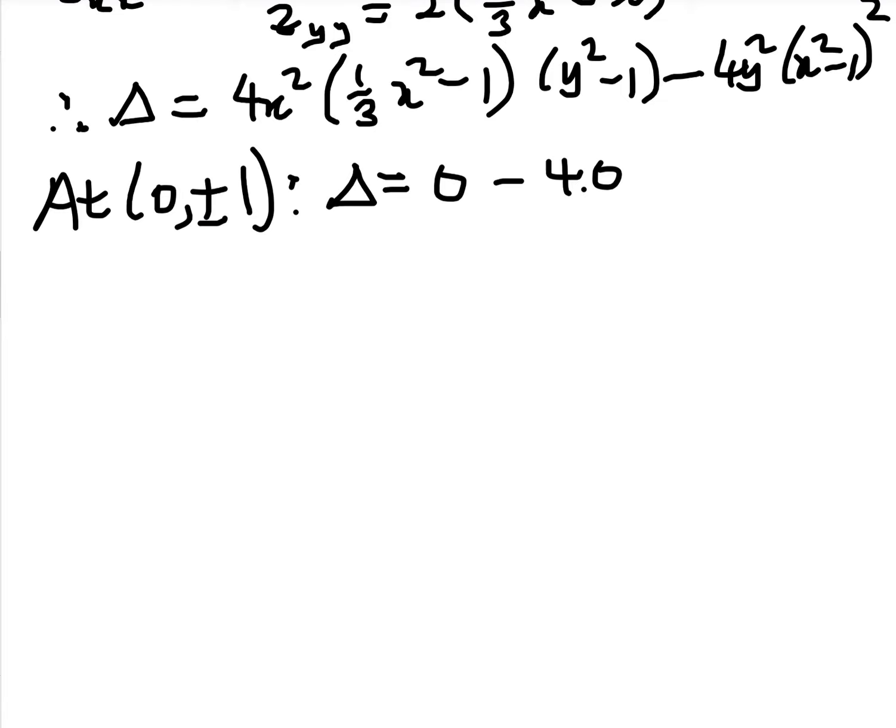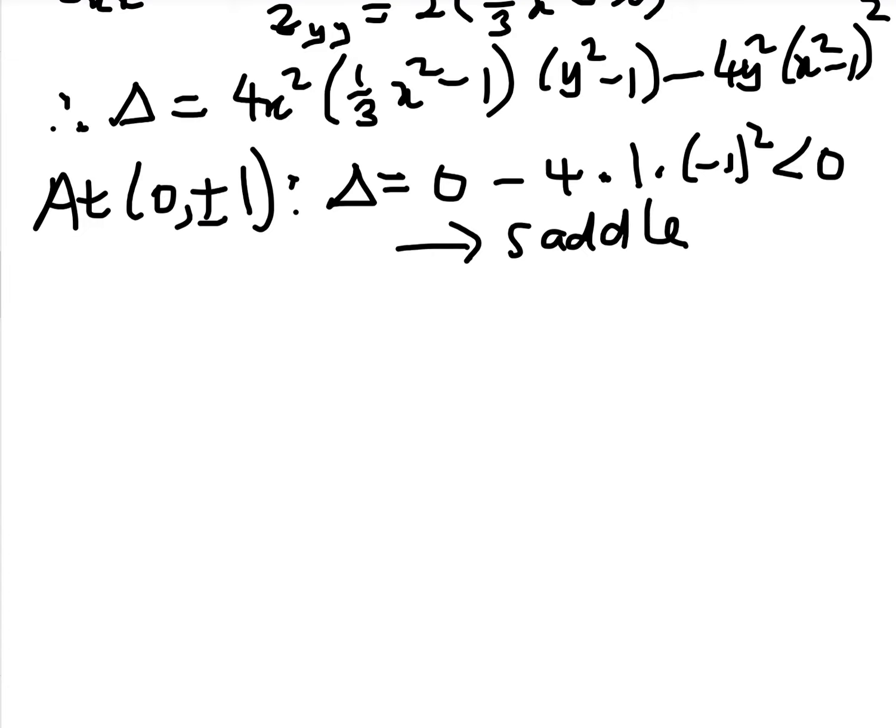Let me just check this thing. Okay, hang on. If I put x equal to 0, then this will be minus 1 squared. This is squared there, so this is going to be some positive number. So this is going to be 1 for the y squared, and then this is going to be minus 1 all squared. If you work that out, this is negative. Okay, that's what we get. So what we have are saddle points. So at the points with x coordinate 0, y equal to plus or minus 1, first derivative 0, the delta, the discriminant, is negative, so you get saddle points.